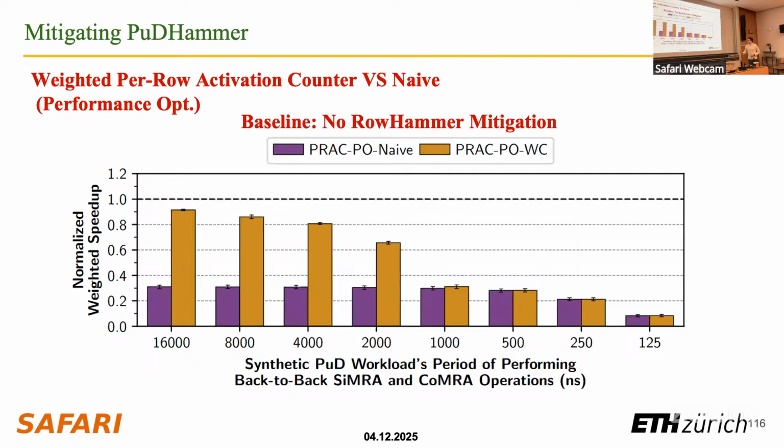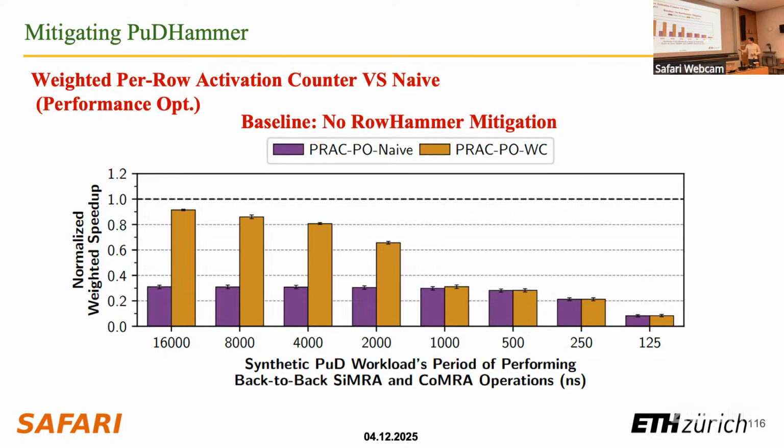And you can see here, this was their evaluation. The dotted line is your standard no RowHammer mitigation, so bare bones. And then the orange one is the one that I just talked about, which has the weighted counter, and this one does not have the weighted counter.